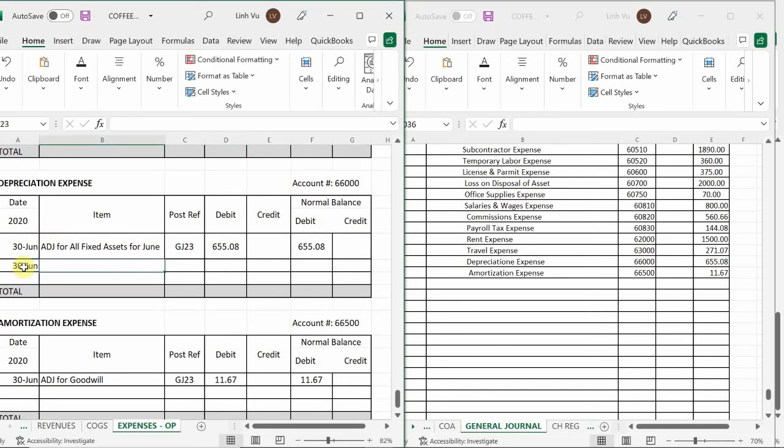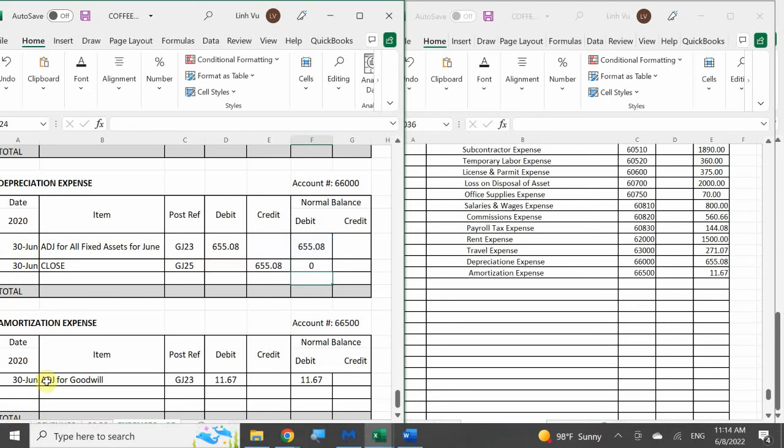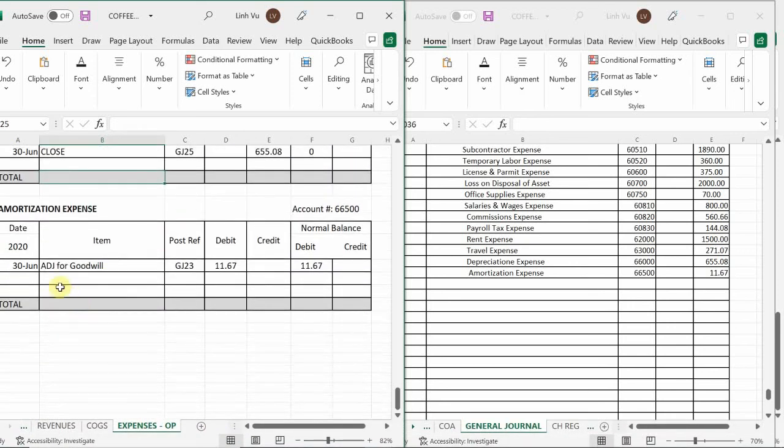So let's take a second to close them out. Okay, and my last but not least, amortization expense.